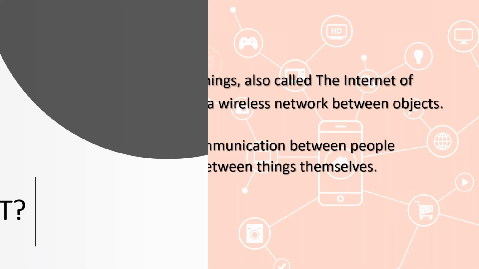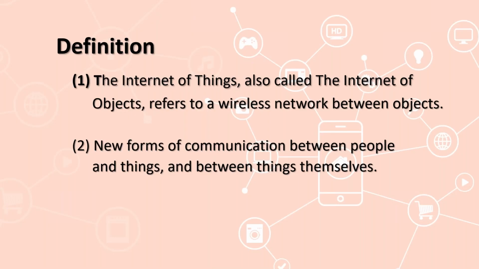In simple language, we can say the IoT, the Internet of Things, also known as the Internet of Objects, refers to the wireless network between all objects or physical devices. When we talk about the IoT, we generally use different microcontrollers, sensors, and actuators, and we connect all the physical devices in such a way that they are able to share information or data.